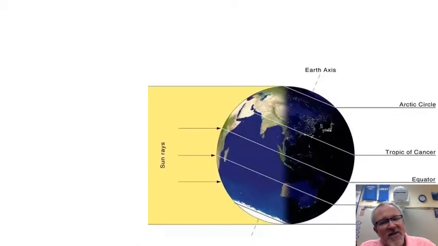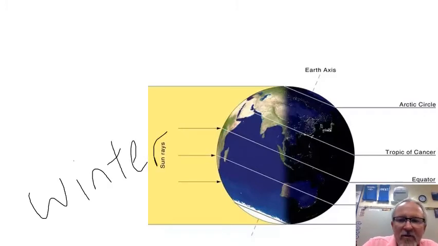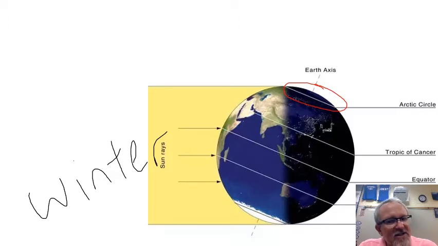Now let's take a look at this here. This is the Earth, and this is in winter time. And you'll notice the places up here are getting no sunlight. That's that example of a polar night. You never see the sun. It stays dark all day and all night.